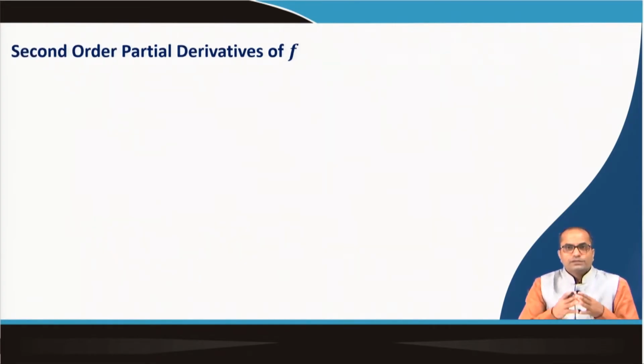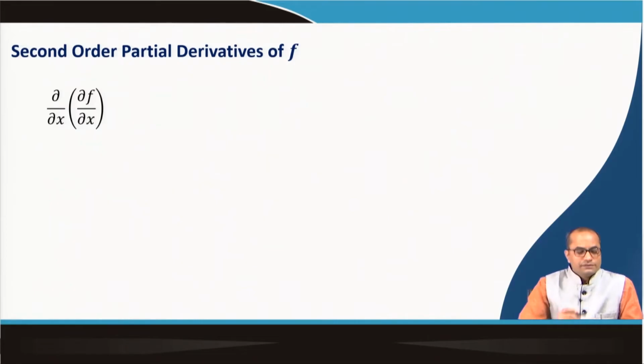Now, in continuation, we will generalize the idea to second order and higher order derivatives of f. For instance, we have del over del x of del f over del x. We are again differentiating the first order derivative of f with respect to x.